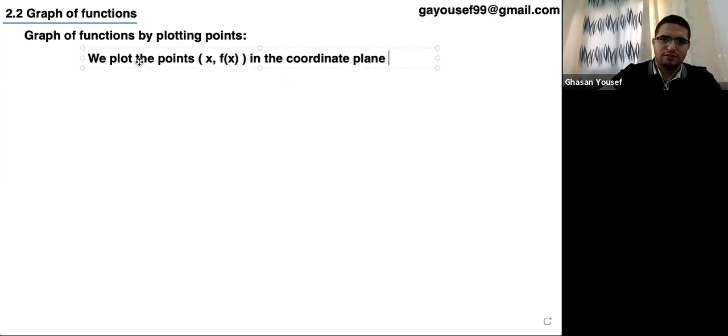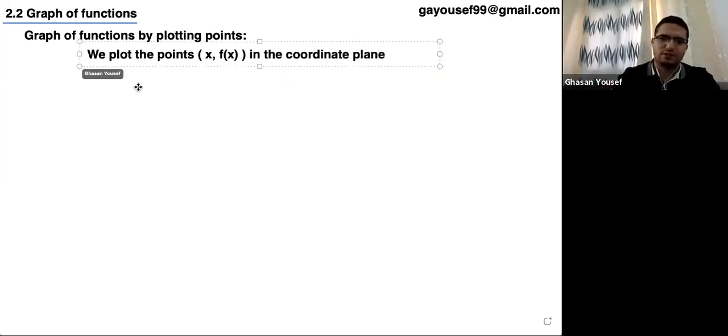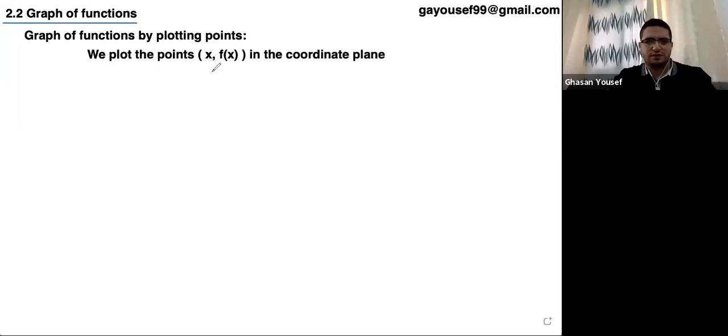So let me just define what is the meaning of x. Here, the x is the input for the function. This x here is the input of the function.